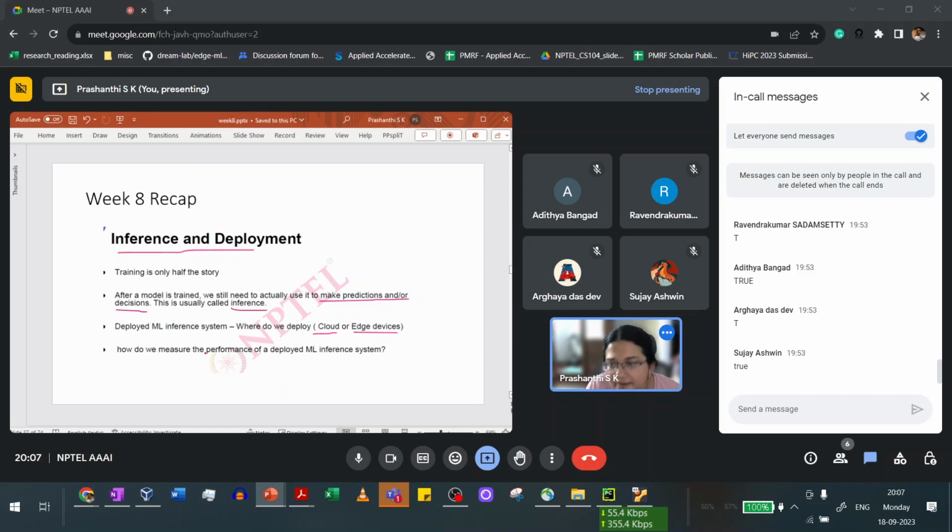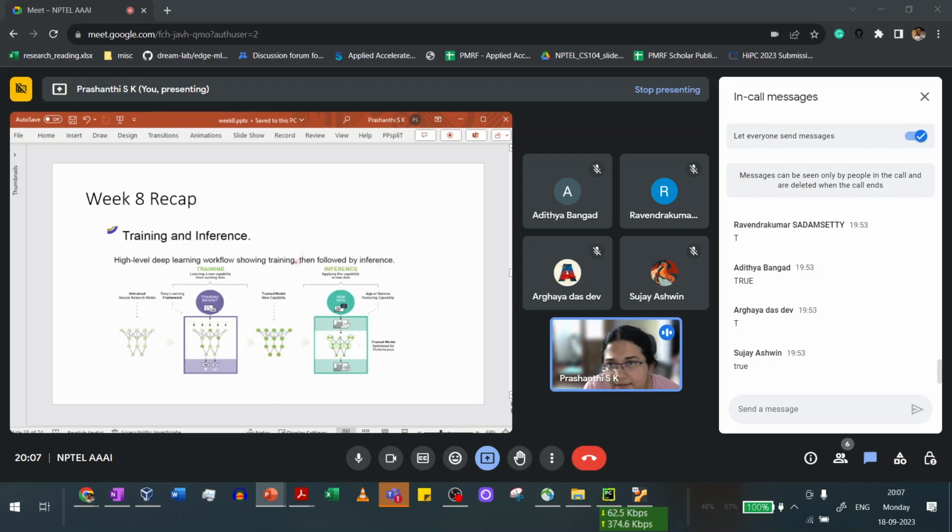Then finally, once you deploy it, how do you measure the performance of this deployed inference system? So that is broadly what we are talking about, and this shows you the workflow. So training is, first you take a model, you have a framework like PyTorch or TensorFlow, you give some dataset to the model, and the model learns something. So at the end of the training, you have a model with updated weights, right?